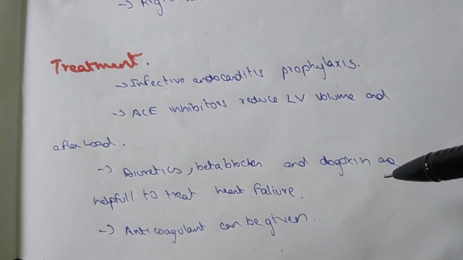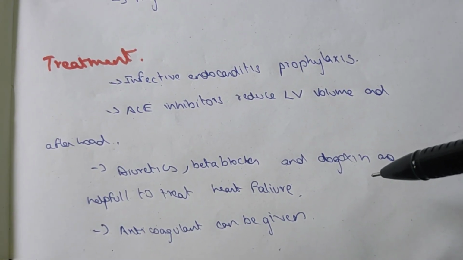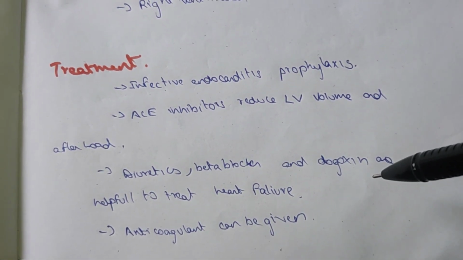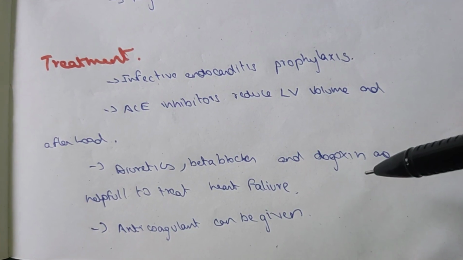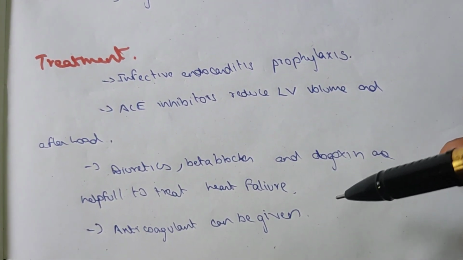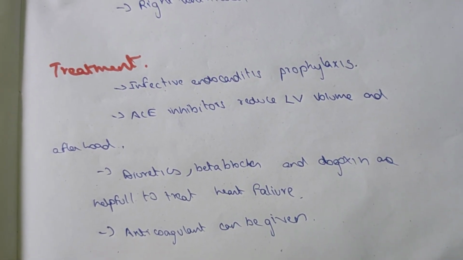Diuretics and drugs like digoxin are helpful for the treatment of heart failure. Diuretics increase urination, which is used in edema conditions like peripheral edema. Anticoagulants are given, as I have said that clots may also be present. These are the treatments for mitral regurgitation.